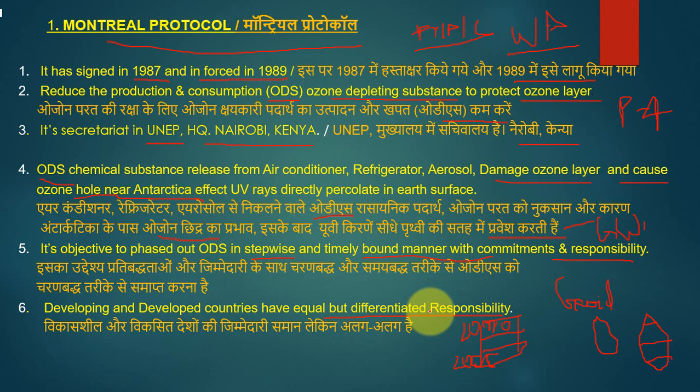So differentiated means historically responsible countries. If someone got developed in 1980, so 1980 का आपका base year है, आपको उसके हिसाब से कंट्रोल करना है. If someone got developed in 2020s or 2015, so आपको उसके हिसाब से develop करना है. So different kinds of things are provided in this protocol.